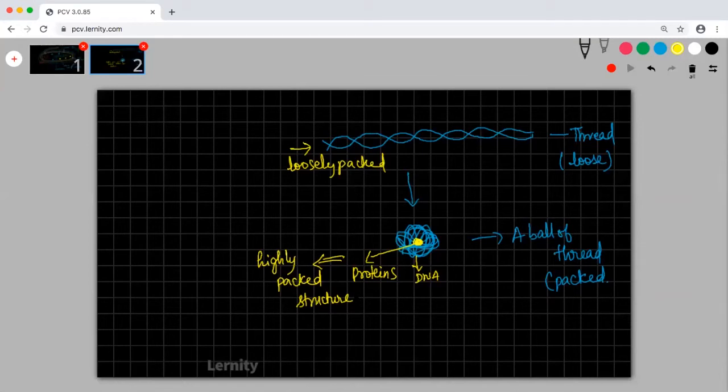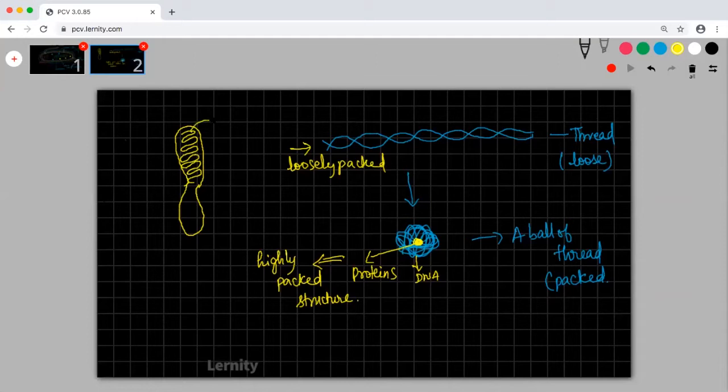So the center is something to hold, and you're wrapping the DNA around it. That is what a chromosome is. It will look like this, a highly packed structure. We'll study how this packaging happens, and also inside that you will have lots of chromatin fibers.